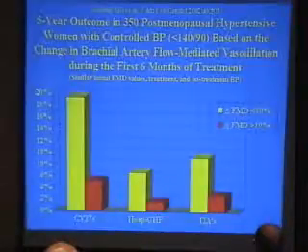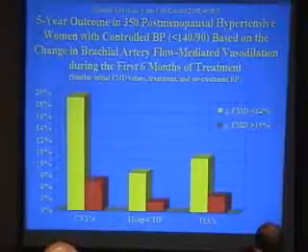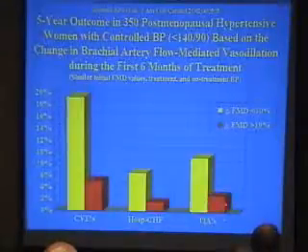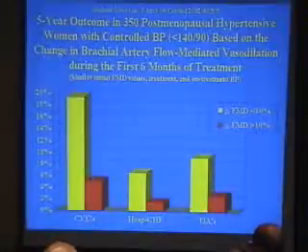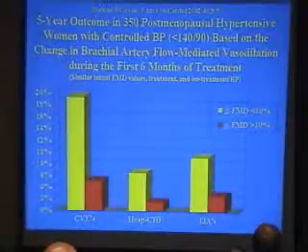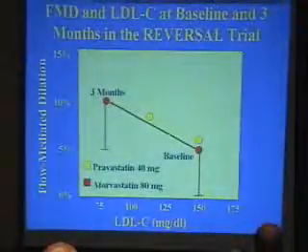So it's not just blood pressure, because those women who had a better improvement in vascular biology had fewer cardiovascular events, both of a cardiac and a cerebral nature, in subsequent follow-up.